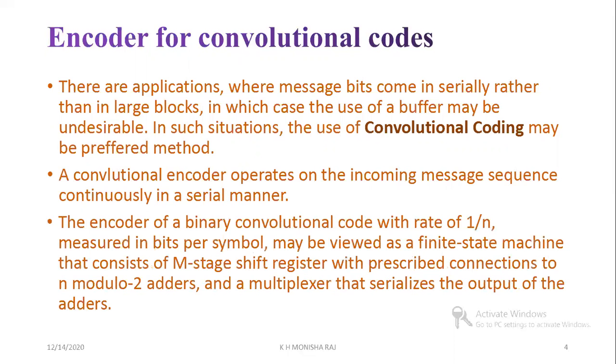The encoder of a binary convolutional code with a rate 1/n, measured in bits per symbol, may be viewed as a finite state machine that consists of an M-state shift register with prescribed connections to n modulo-2 adders, and a multiplexer that serializes the outputs of the adders.